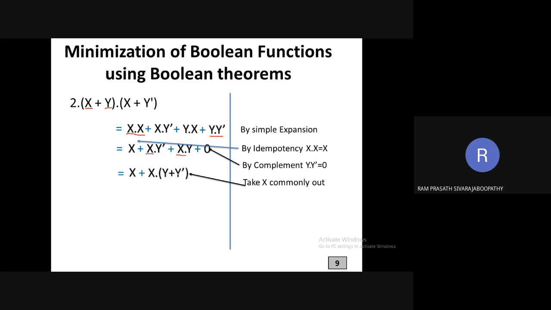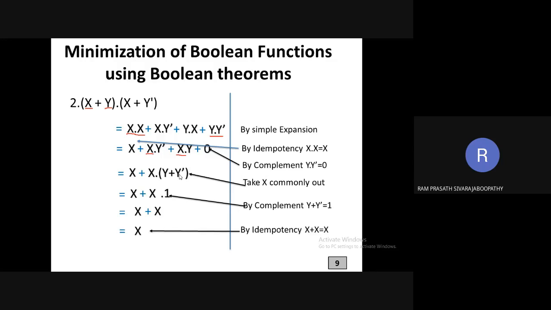Now y plus y bar is equal to 1. So x dot 1 is obviously x. Finally, x plus x bar is equal to x. Clear? In the given Boolean expression we are having 4 literals. After minimization we are having only 1 literal.